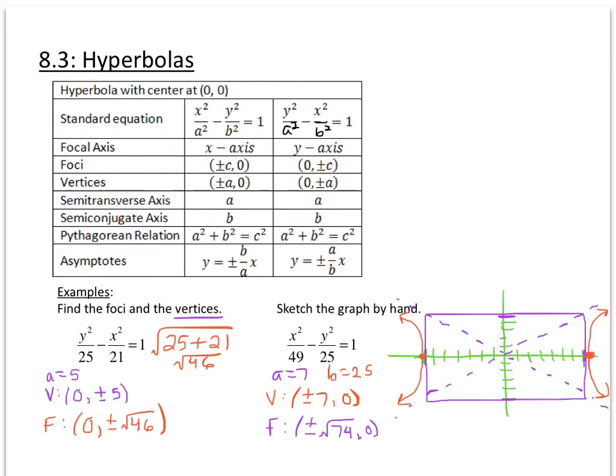And as far as where that is, the square root of 74 is somewhere between the square root of 8 and 9. Our foci in this particular case is a dot that's out here, kind of like how the focus was in our parabolas, that it's on this side of our graph. Okay, so there's a sketch by hand.